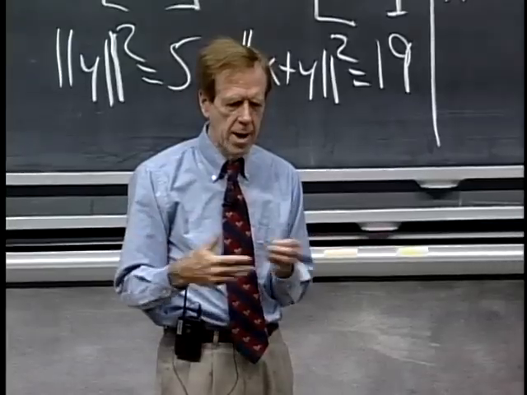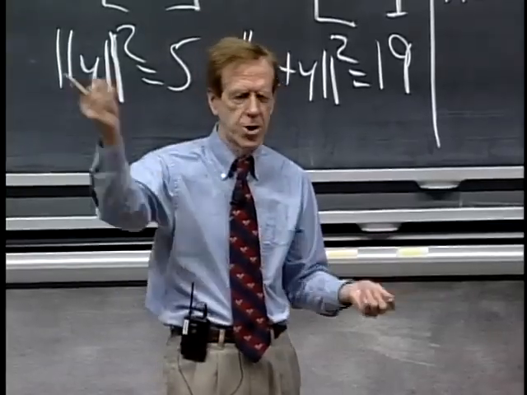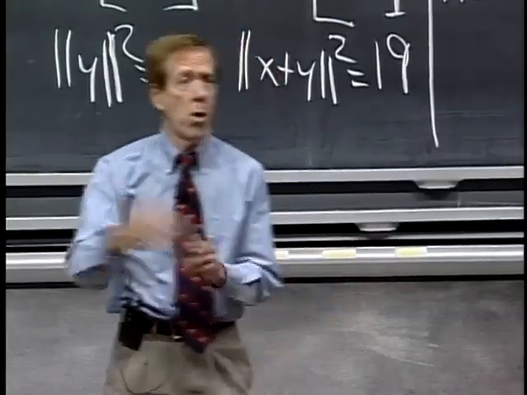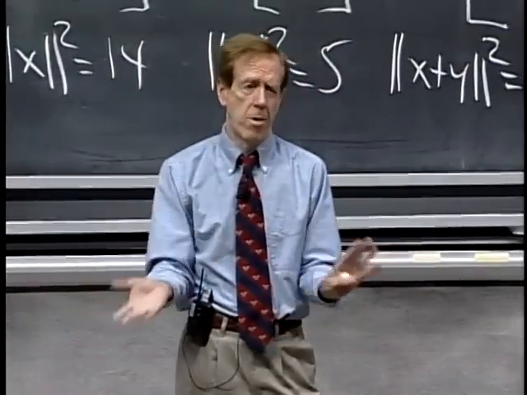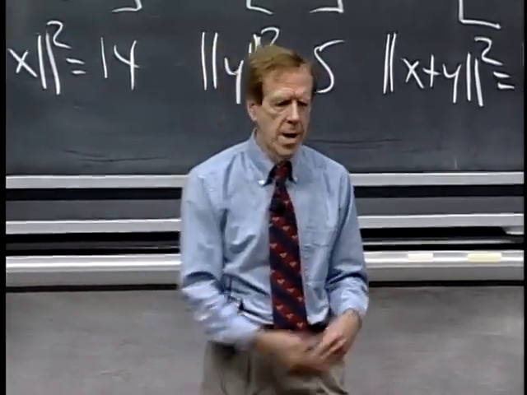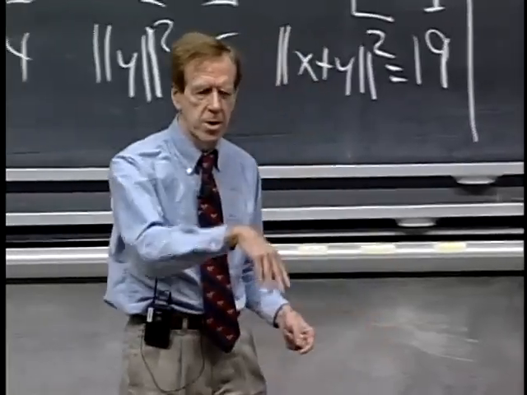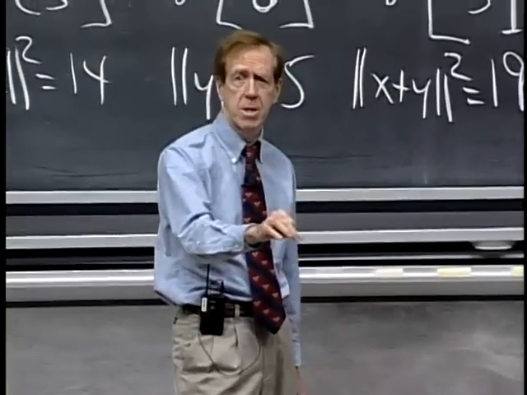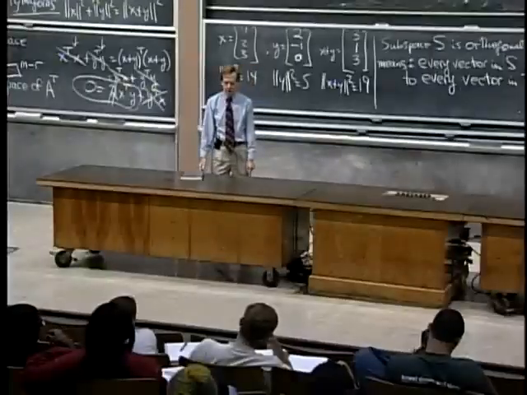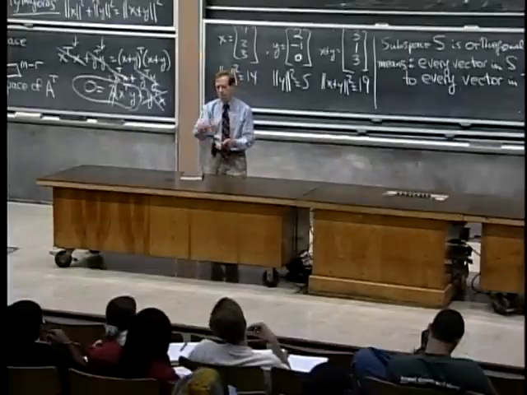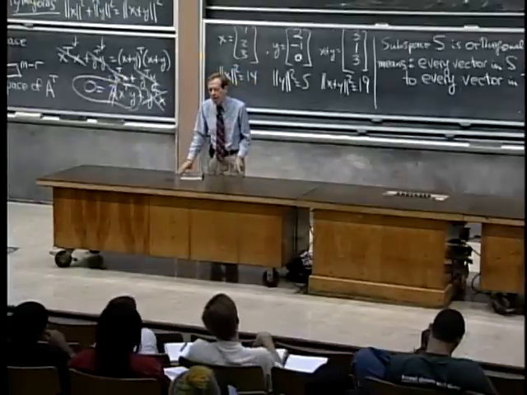Now, so when is a line through the origin orthogonal to the whole plane? Never, right? Never. When is a line through the origin orthogonal to the zero subspace? Always. Right. When is a line through the origin orthogonal to a different line through the origin?